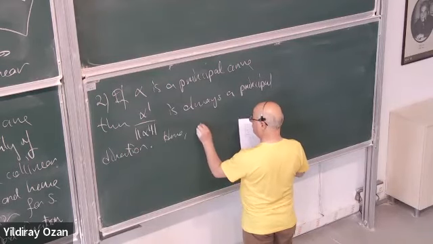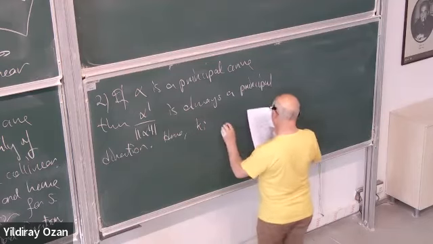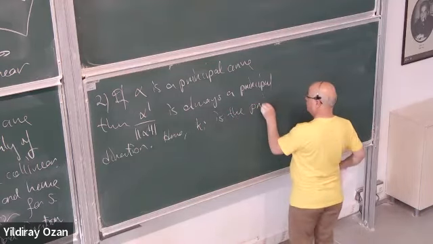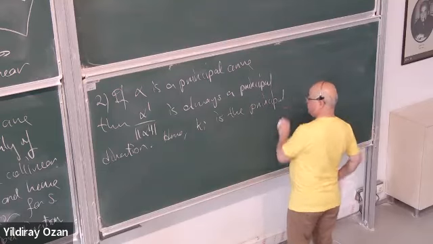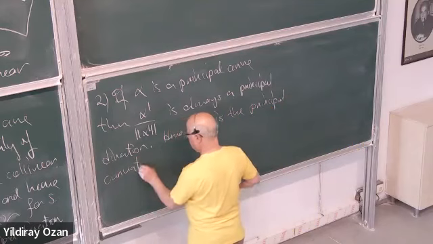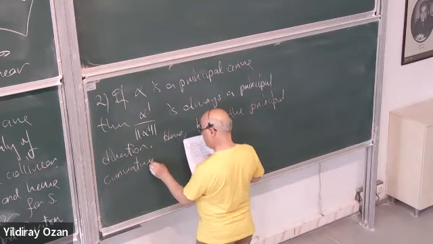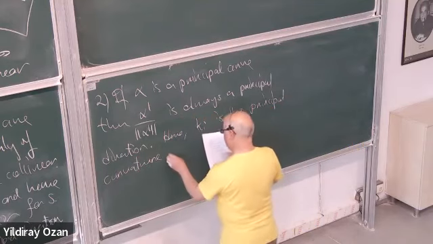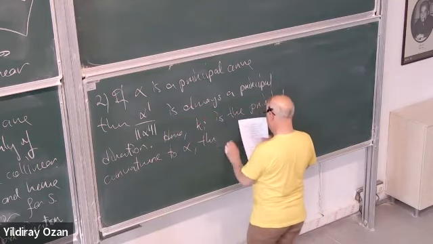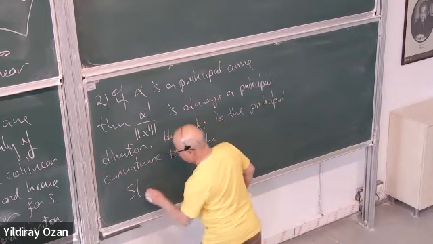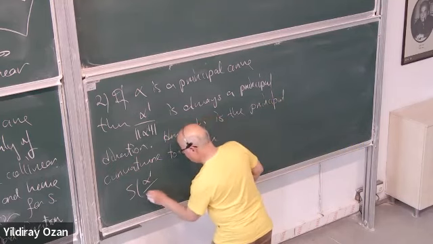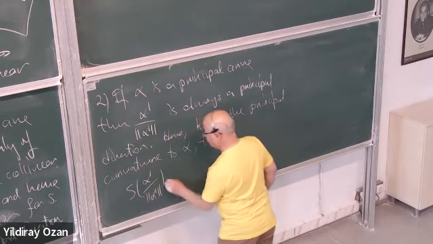Hence, if ki is the principal curvature corresponding to alpha, then this gadget, right? Principal direction.